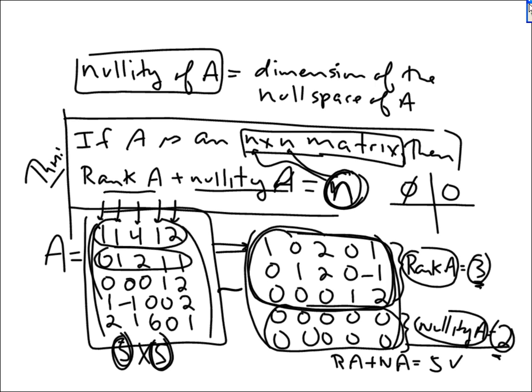Okay, row 1 does not have all zeros. Row 2 does not have all zeros. Row 3 does not have all zeros. Row 4 has all zeros. Row 5 has all zeros. So the rank is 3 and the nullity is 2. Of course it's going to add up to the number of rows. There's no way out of it.